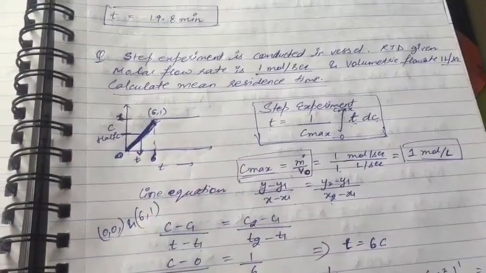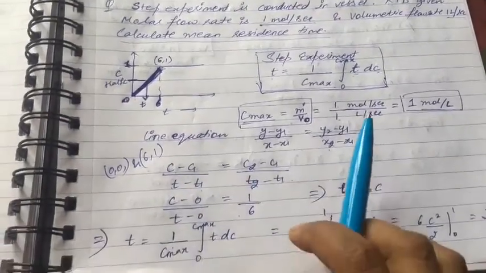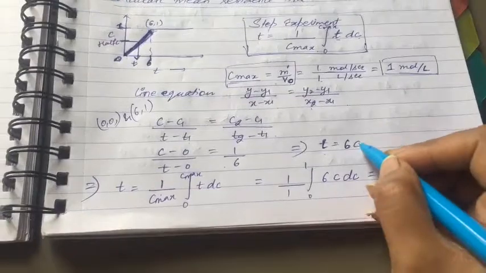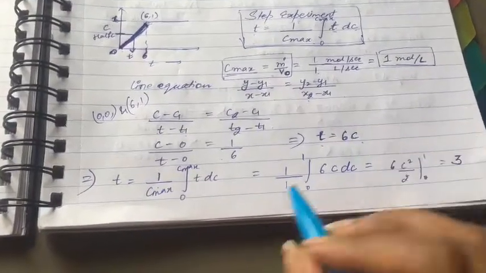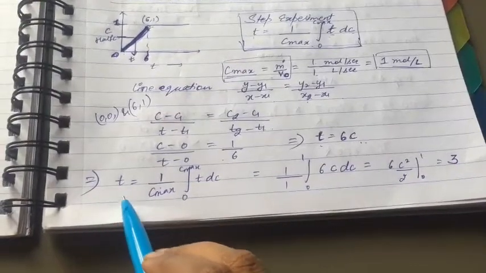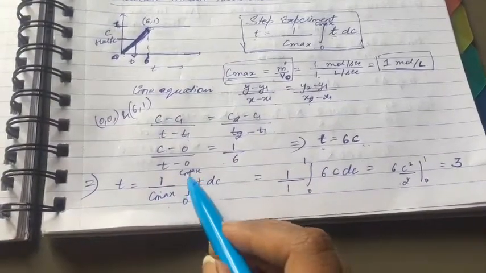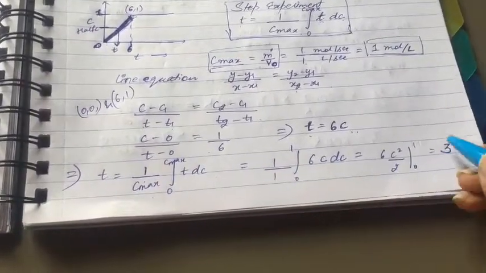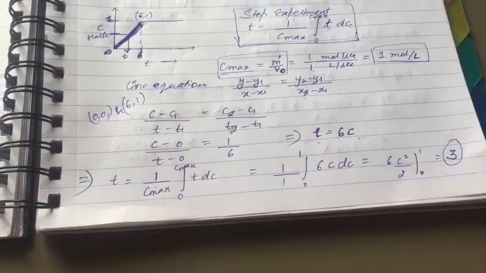So putting these coordinates, we get time in terms of c, which is t is equal to 6c. Now putting this t is equal to 6c in our equation, t is equal to 1 by c max integration of t dc from 0 to c max, we can calculate our time, which comes out to be 3.